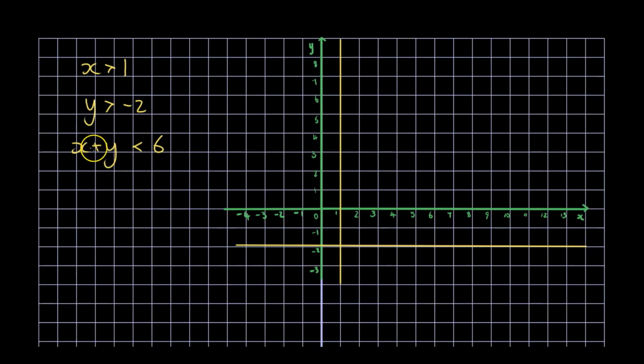And what about this third one? Well, we can rearrange it so that it's y is less than minus x plus 6. So I've taken x away from both sides there. And so it's going to have a gradient of negative 1, and it's going to intercept at positive 6 on the y-axis. So it's going to look something like this.